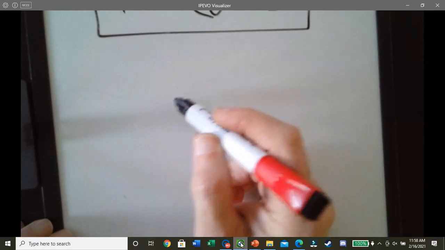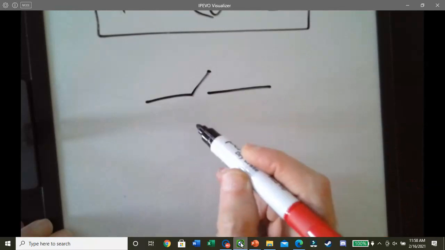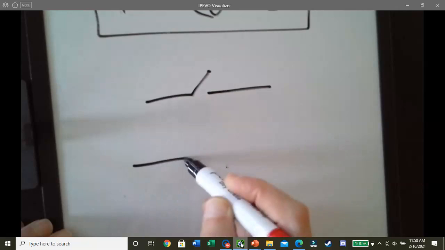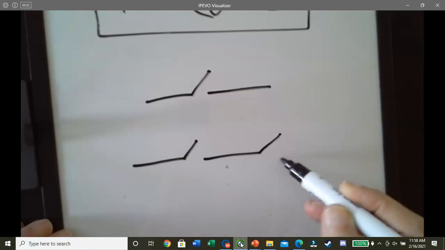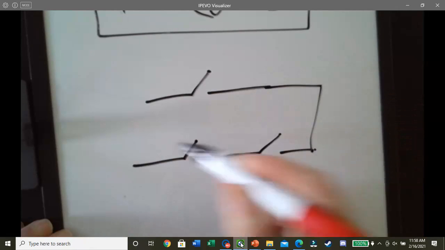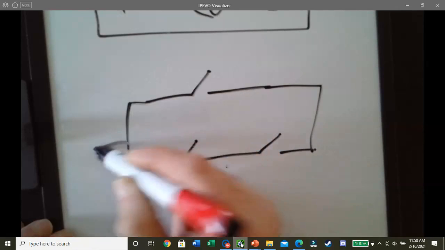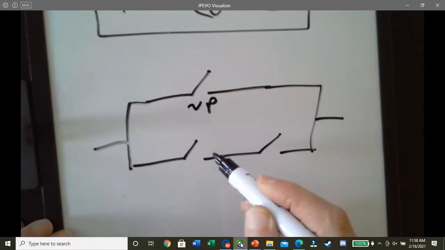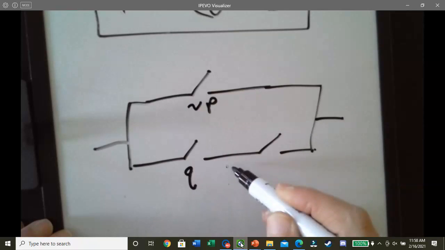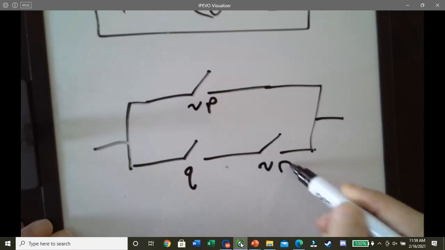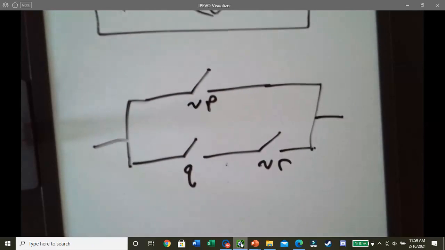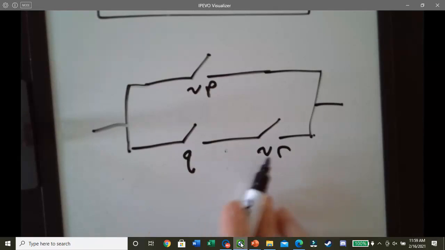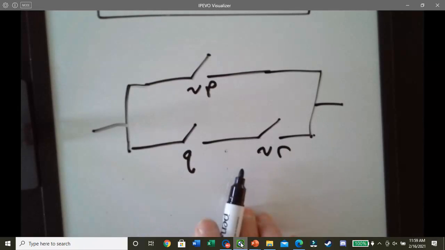Now this one you have already drawn out. I'm going to draw it. And we have not P, Q, not R. Let's do the Q and the not R, they're together, right?